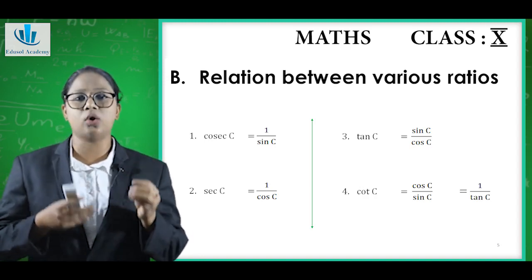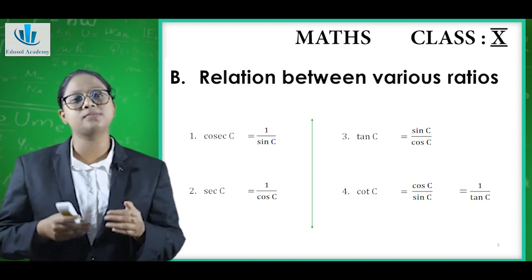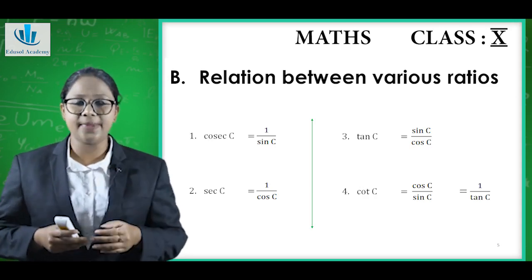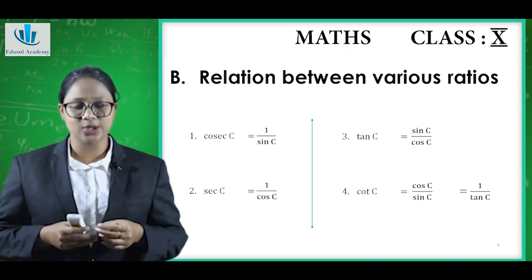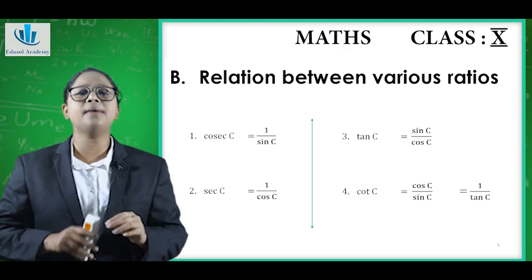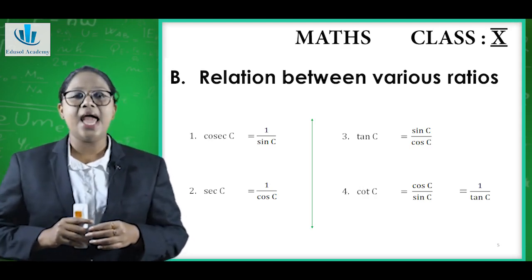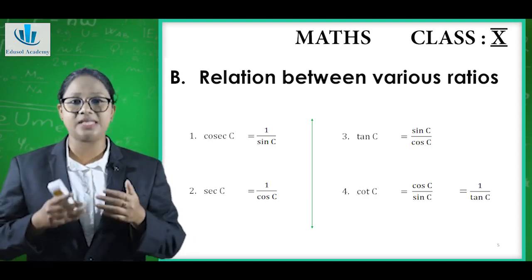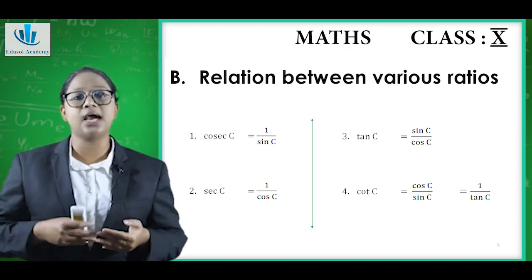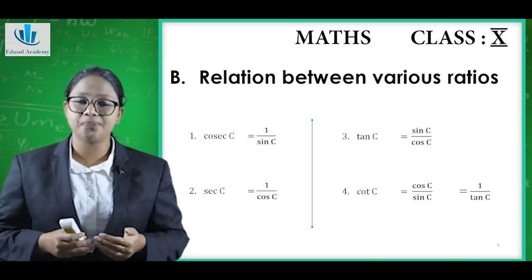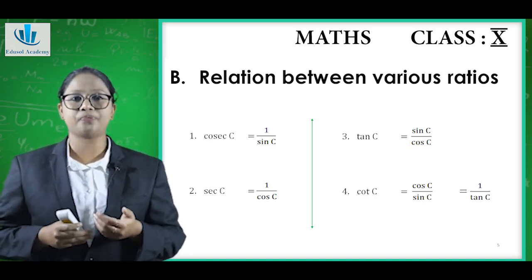Only sine and cos cannot be expressed in terms of any others. So they can be called the basic trigonometric ratios. Just the naming, okay? And the remaining 4 can be expressed in terms of either sine or cos or both. So let's have a look how.